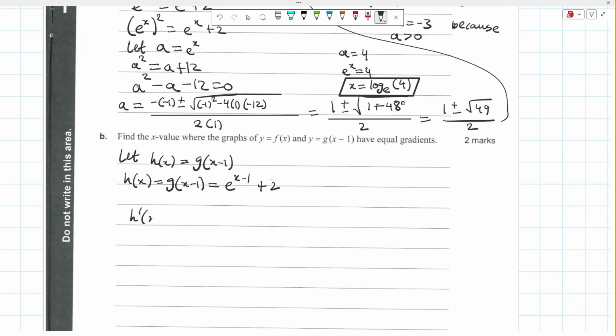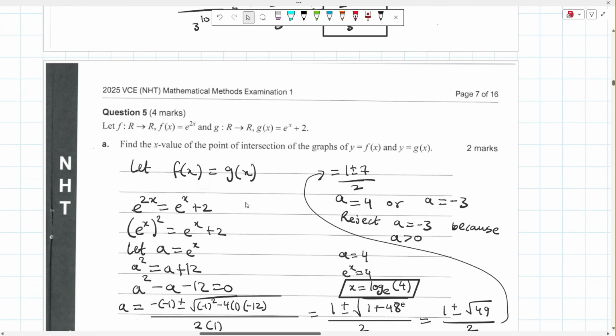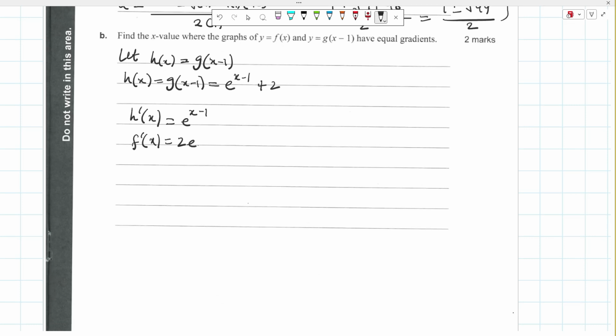Now h dash of x is going to be just e to the x minus 1. And f dash of x is just going to be 2 times e to the 2x. Now we want these to have equal gradients. So we want these two things to be the same.